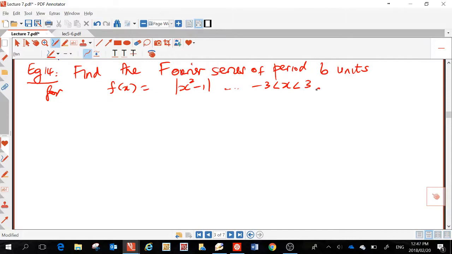In the tutorial yesterday, I discovered that maybe you didn't know how to integrate this. It's something you've done in first year. What it means is that it's repeating itself, but it's no longer repeating exactly every 2 pi.